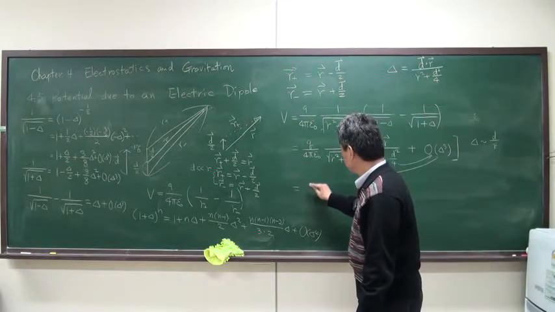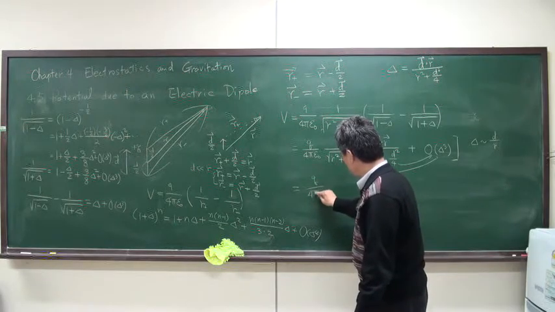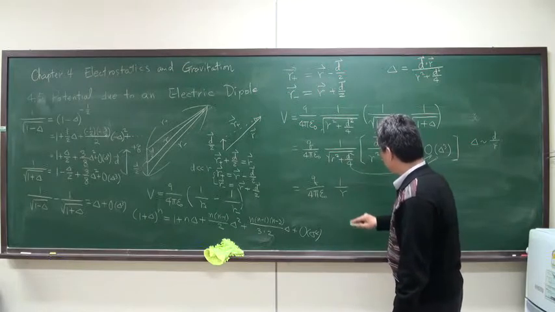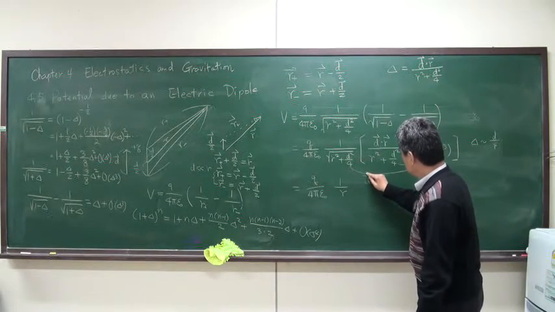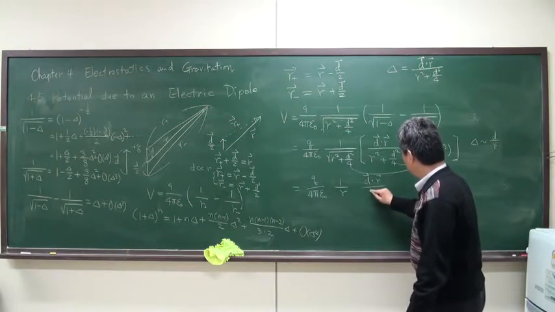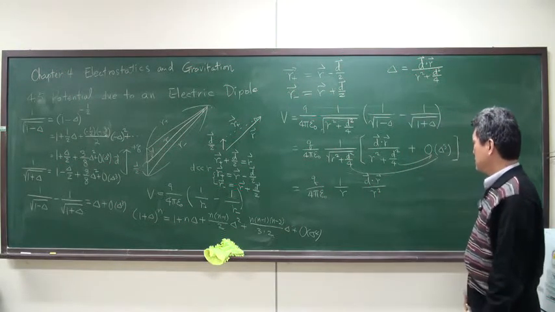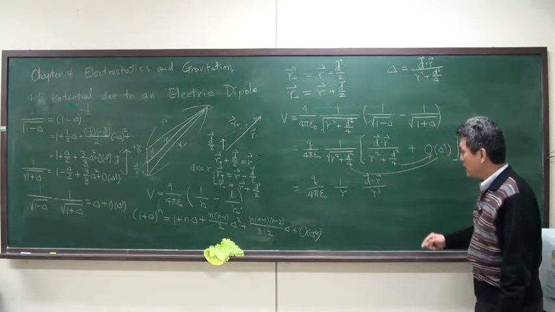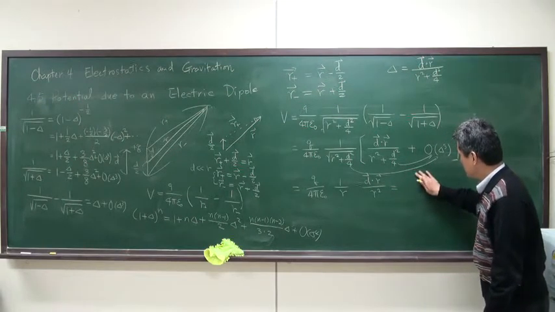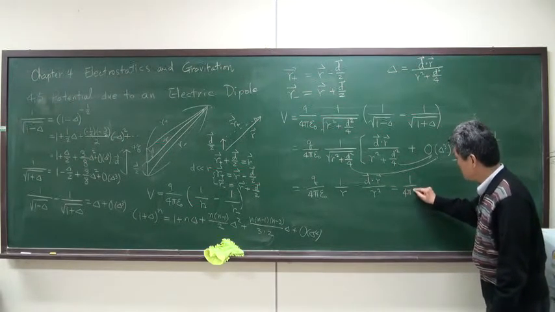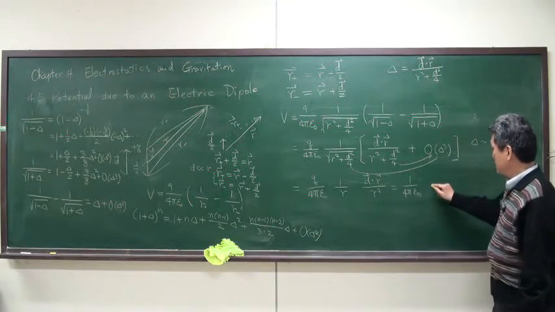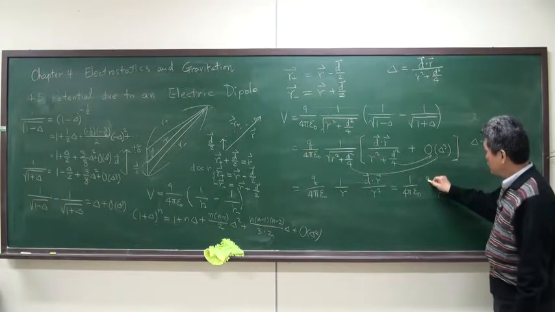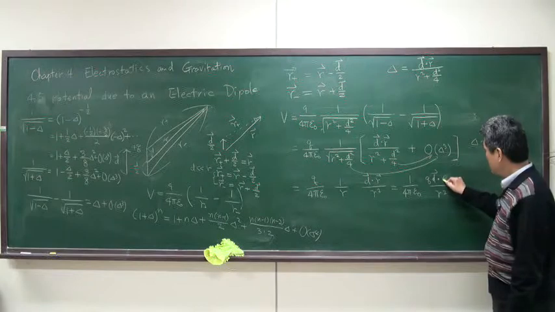So this is Q over 4 pi epsilon 0, just 1 over r, and d dot r over r squared. So we can replace this one by r hat, 1 over 4 pi epsilon 0, and it becomes r squared, Q d vector times r hat.